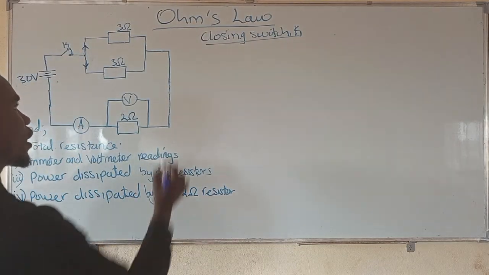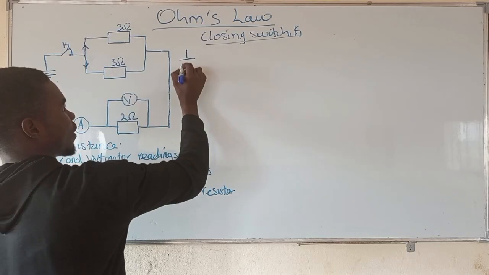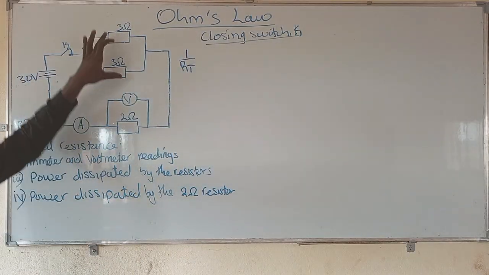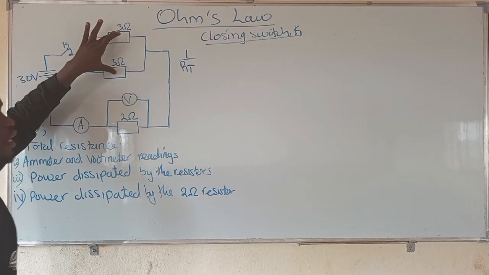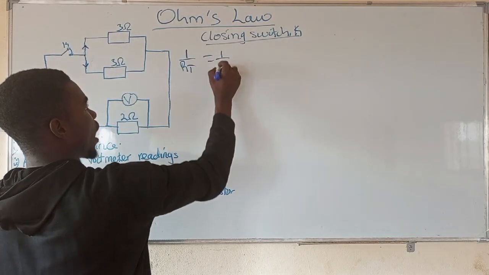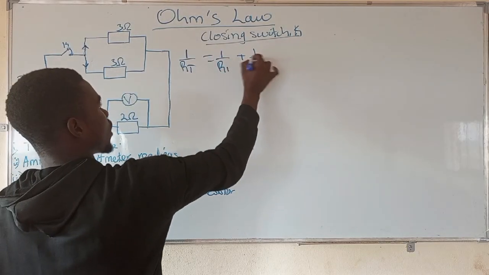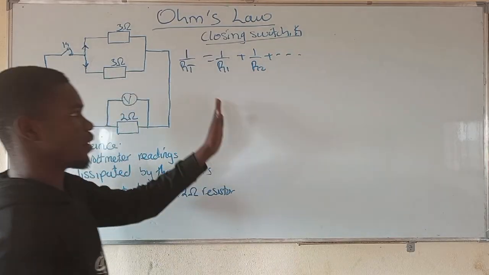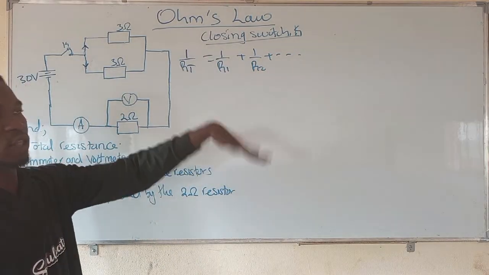For resistors in parallel, 1 over R total, the total resistance of resistors in parallel, is 1 over R1 plus 1 over R2 plus so on. If we have 3 resistors, it becomes plus 1 over R3 and so on.